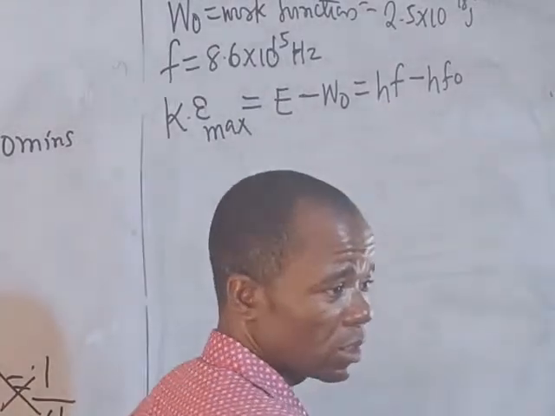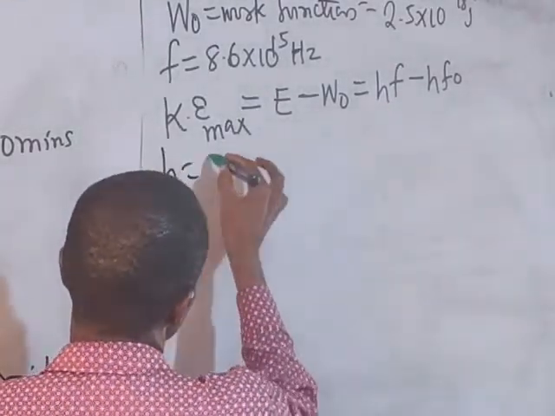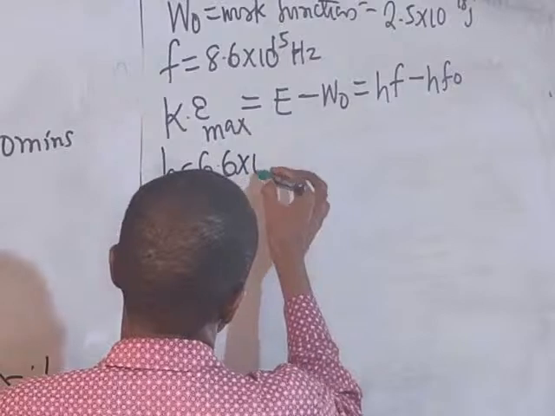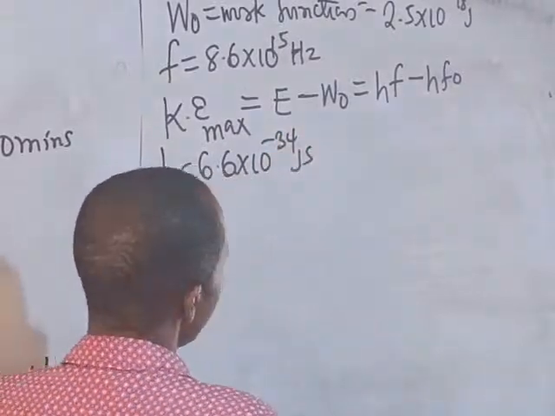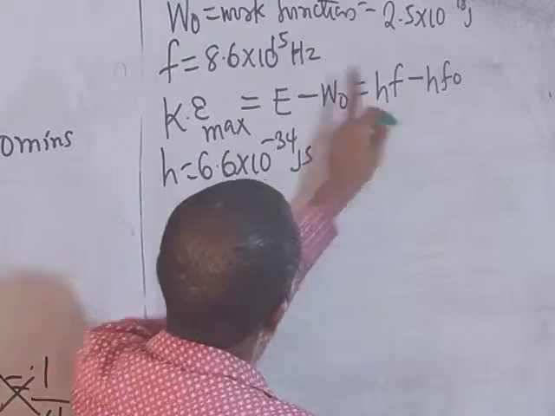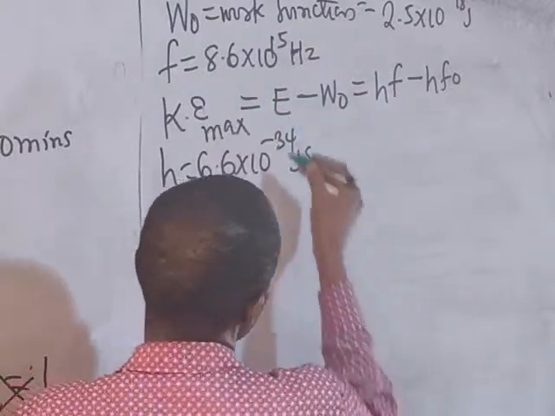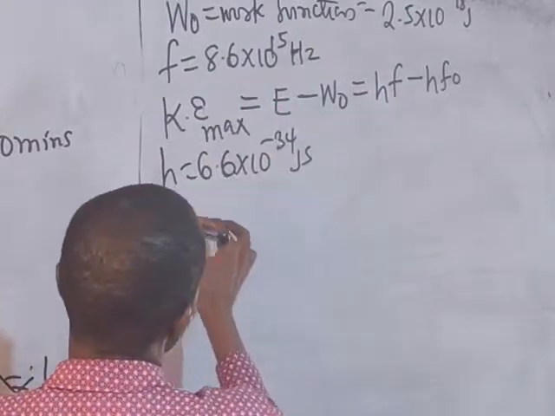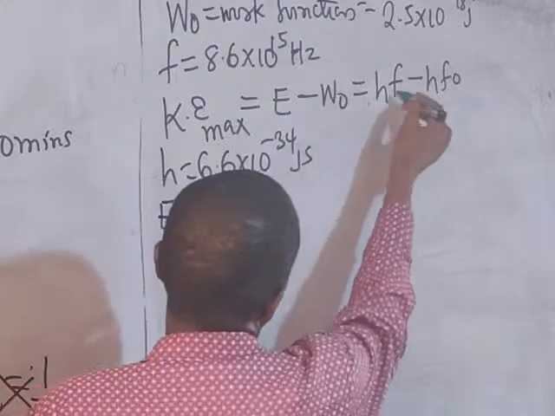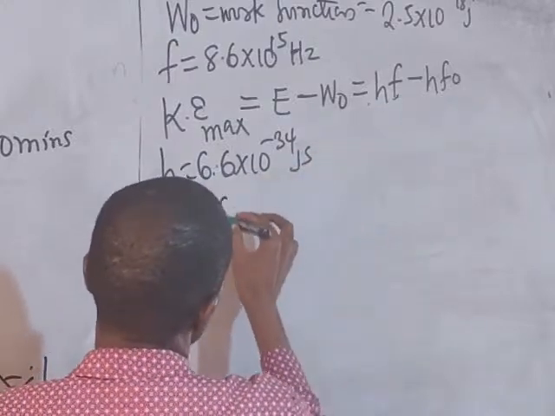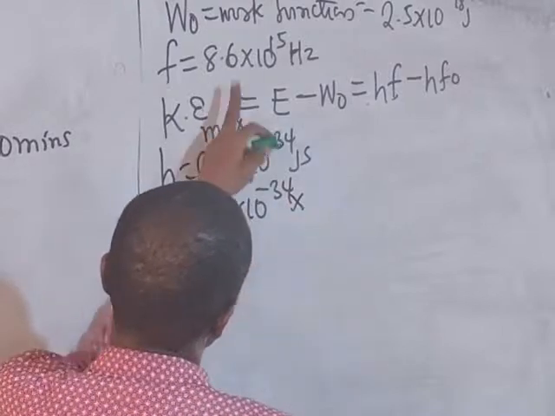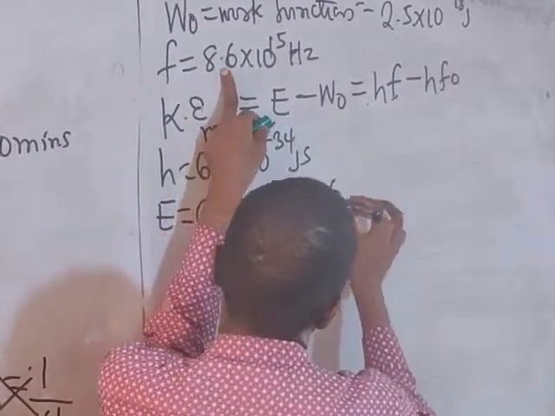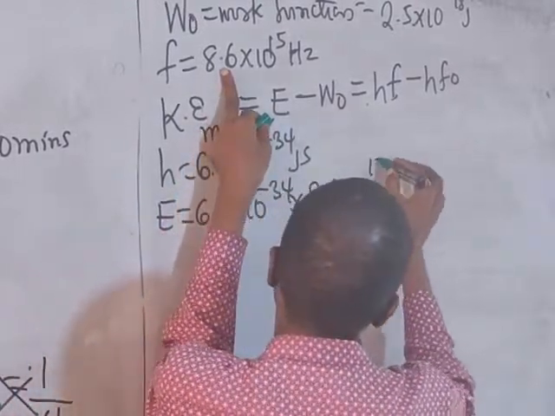It's a constant, the Planck constant. h is always 6.6 times 10 to the power minus 34 joule seconds. And we have been given our f. So to calculate our E here is easy. E is equal to hf, which is 6.6 times 10 to the power minus 34 times f. What's our f? 8.6 times 10 to the power 15.